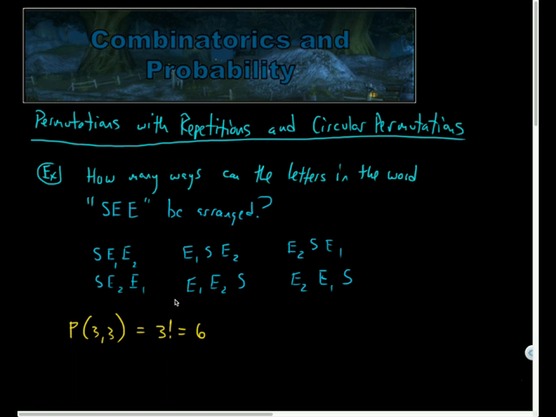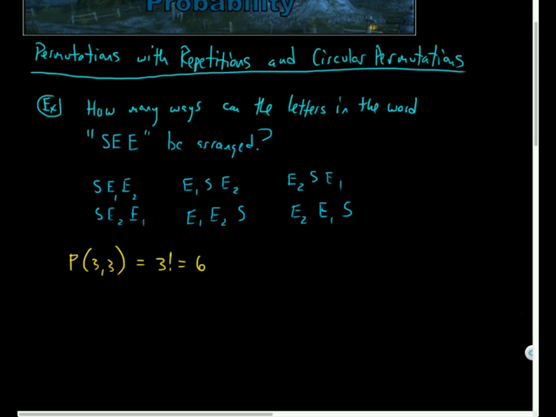Because I don't actually have 6 possible ways that these can be arranged, since the E's are the same, right? It's a repeated characteristic here of this event. So we have to figure out how many repetitions I have, and I guess I could ask a sub-question this way.